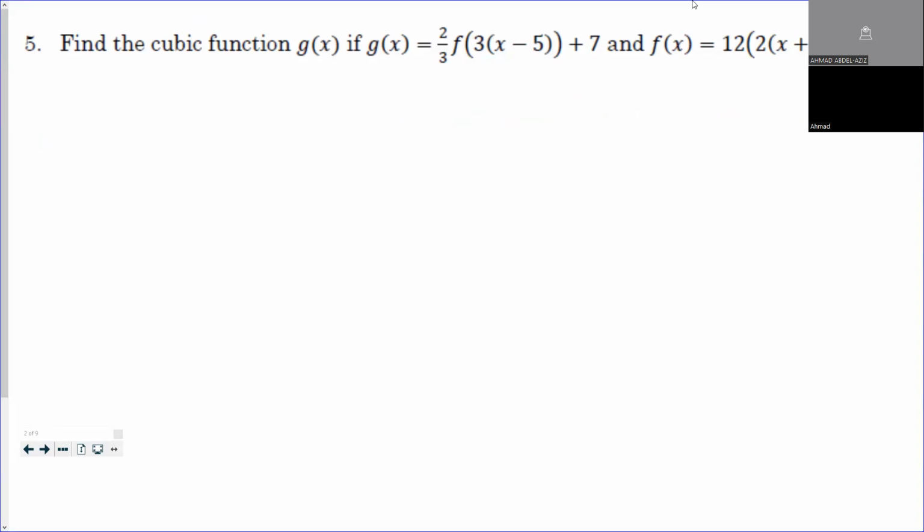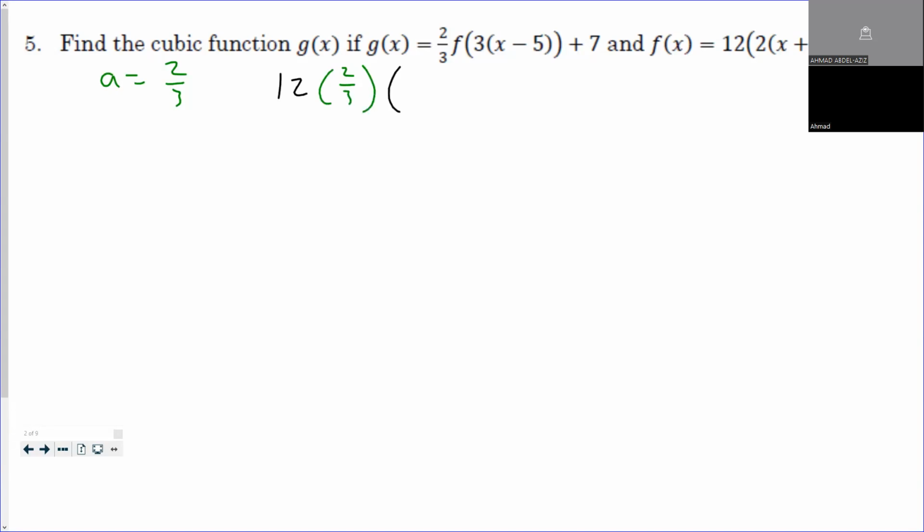So what this tells me is that to get g of x, I have an a value of 2/3. You have to apply that onto f of x. So what I'm going to do is apply these one at a time. So when a is 2/3, and I apply that to f of x, when I multiply it over there, I get 12 times 2/3.